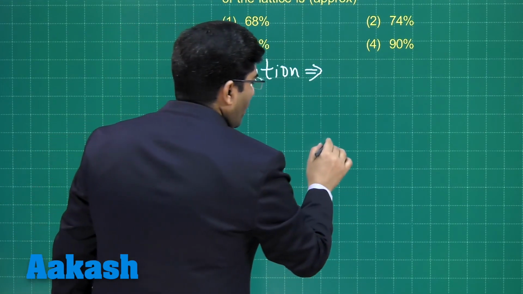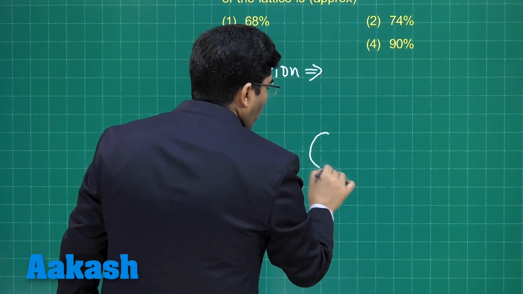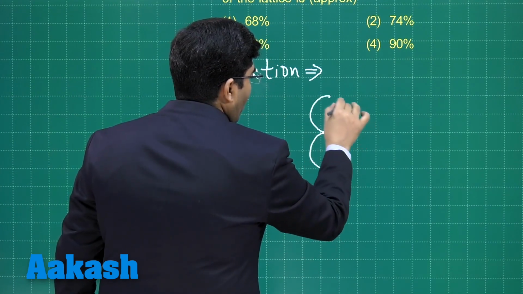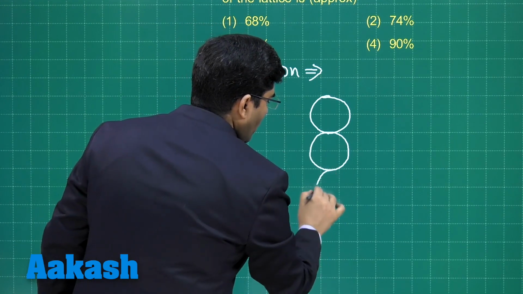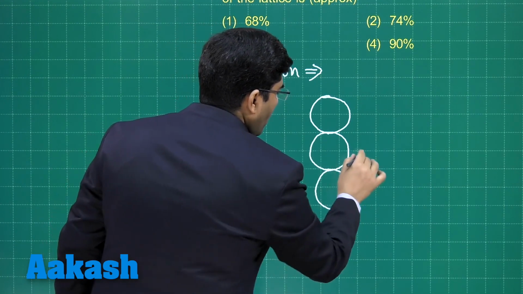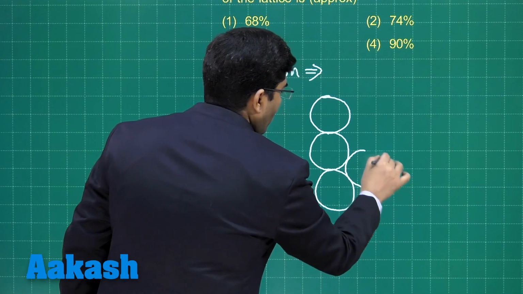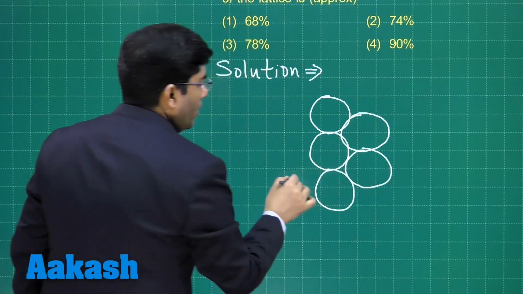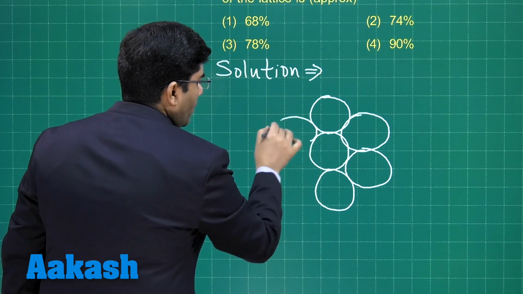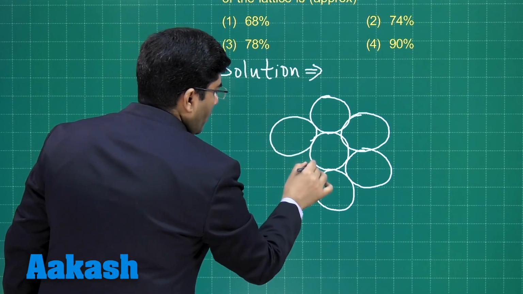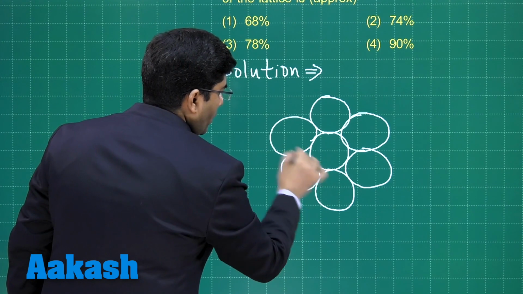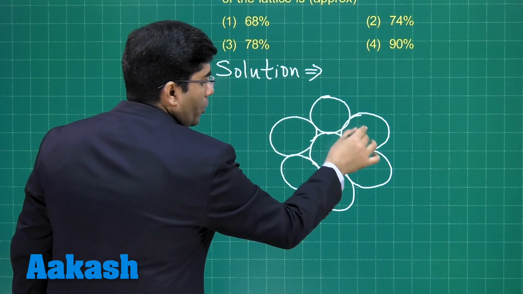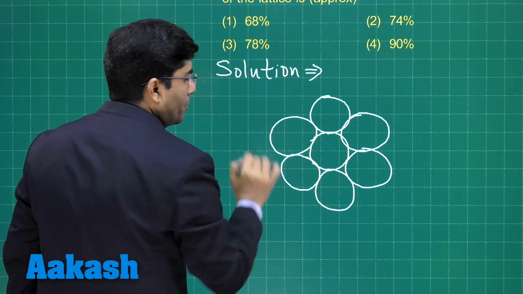Now this is one atom and another atom, right? So how many atoms? 1 in the middle, and 1, 2, 3, 4, 5, 6, right?